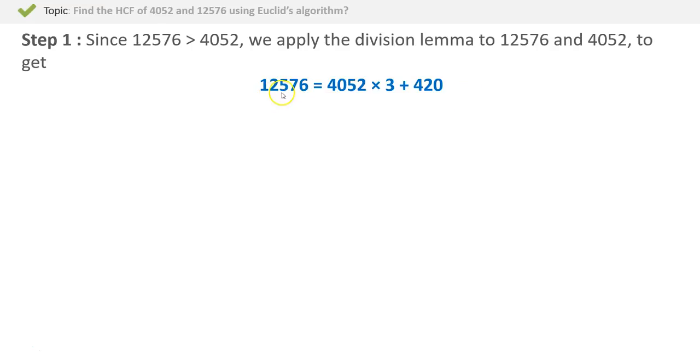In this case, 12576 can be represented as 4052 multiplied by 3, and whatever is left is 420.